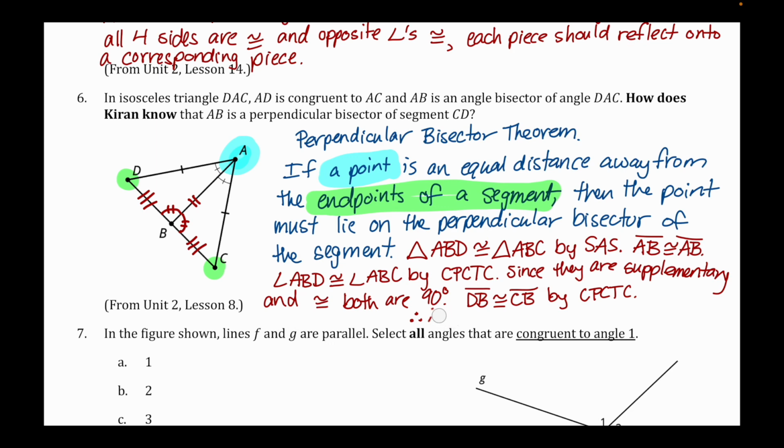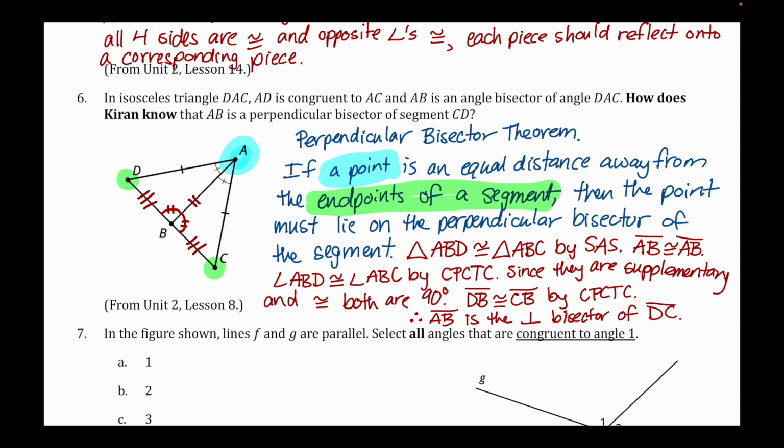That's always important, always double check yourself. AB is the perpendicular bisector of DC.